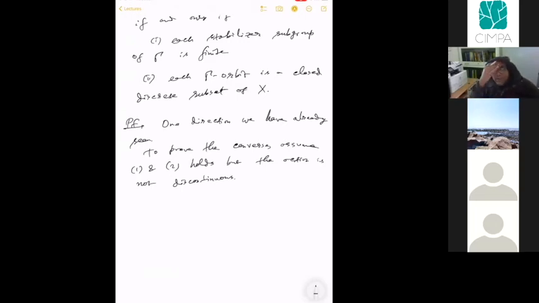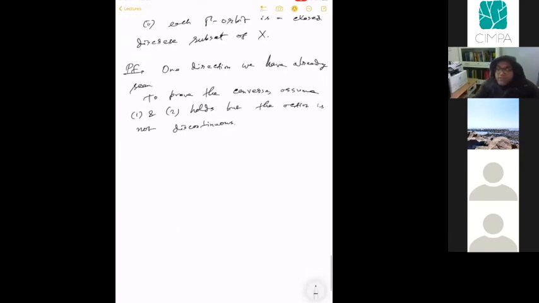So suppose gamma is not discontinuous. That means what? That is, there exists a compact set K such that the set of gamma in gamma with gamma K intersection K non-empty is not finite.